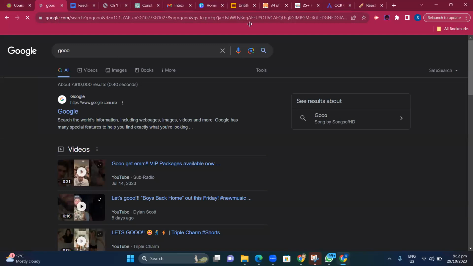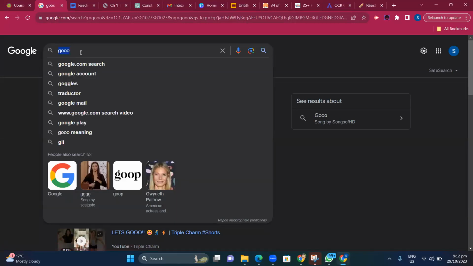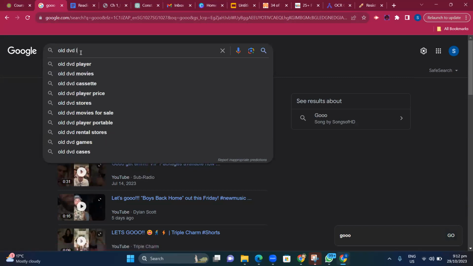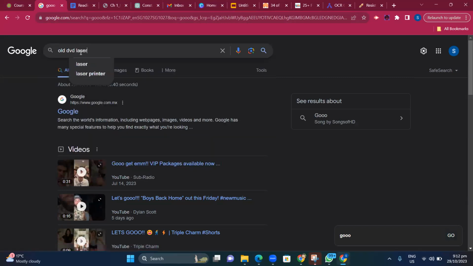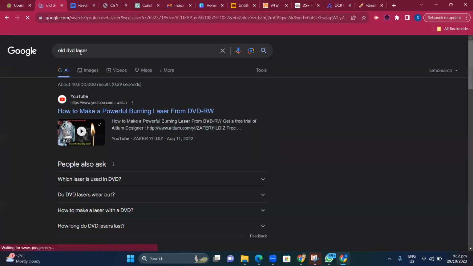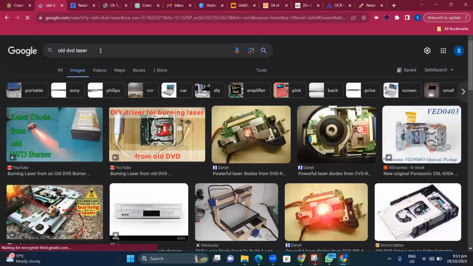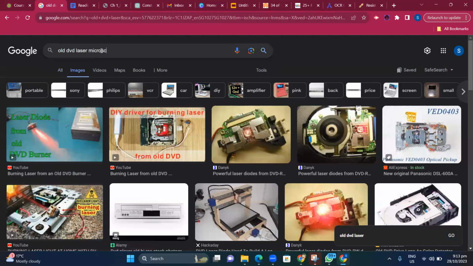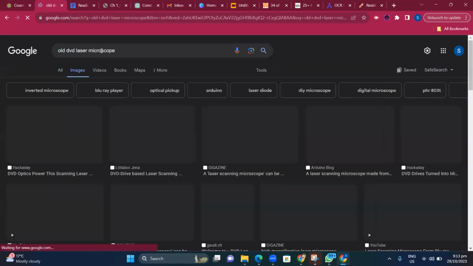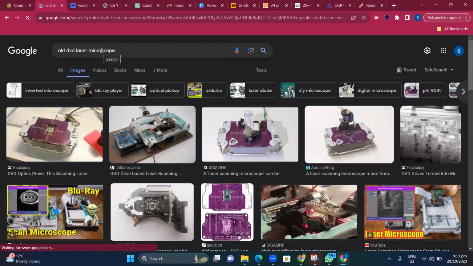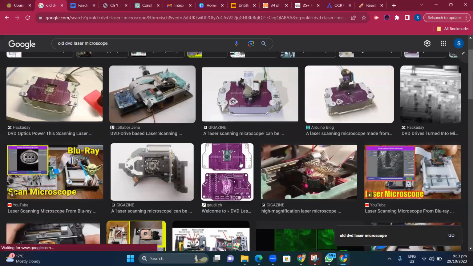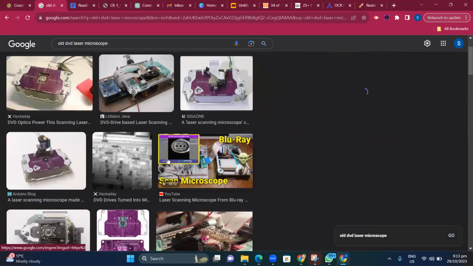Okay, here. I will share this old DVD laser head. There is something called a laser head. You can use that to make a microscope. There is a laser head or laser light here.